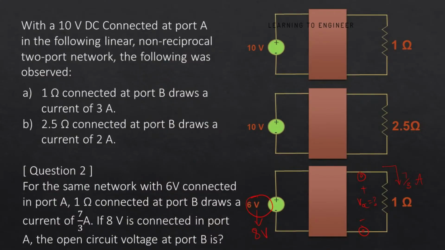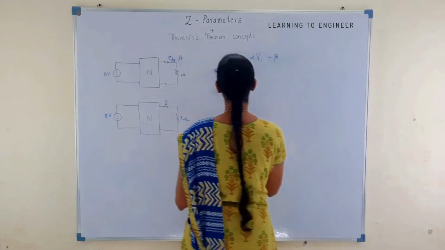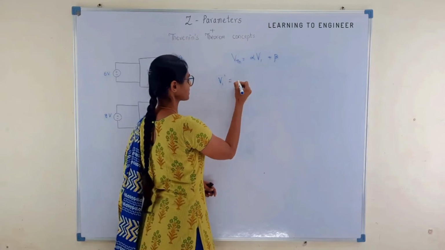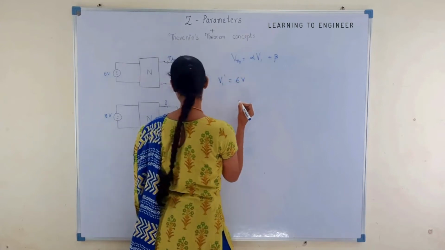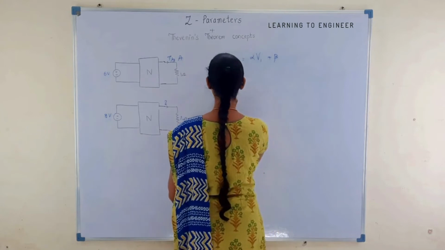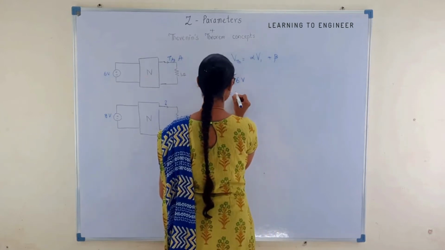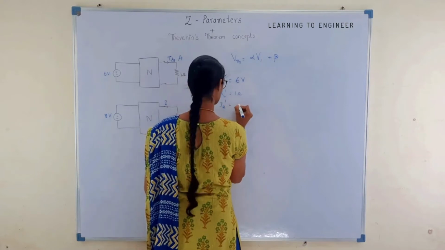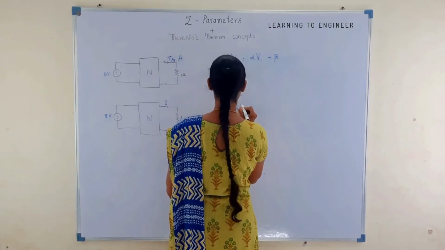In the first case, they are connecting 6 volt and 1 ohm resistance will draw 7 by 3 ampere. For the same network, if 8 volt is the input source, therefore, in the modified case, what is V1 dash? V1 dash is equal to 6 volt, and what is RL dash? RL dash is equal to 1 ohm, I2 dash is equal to 7 by 3 ampere.